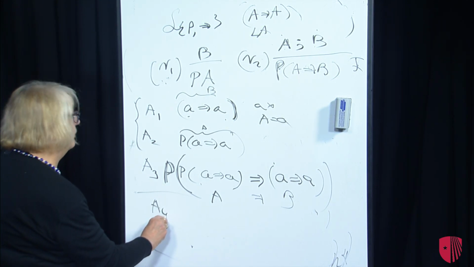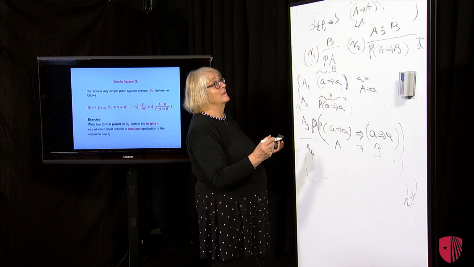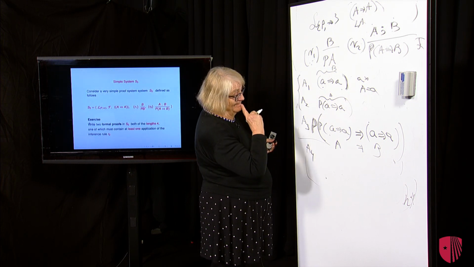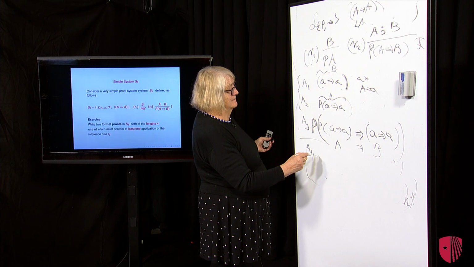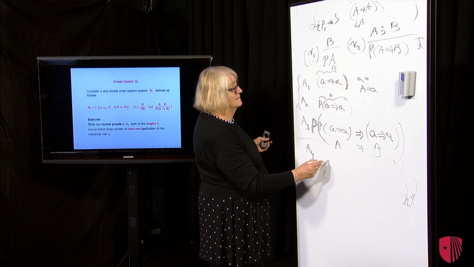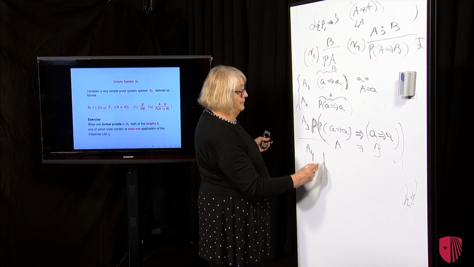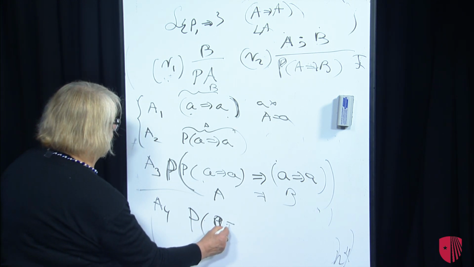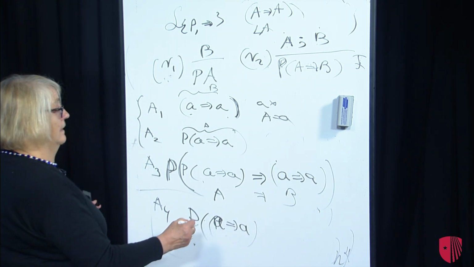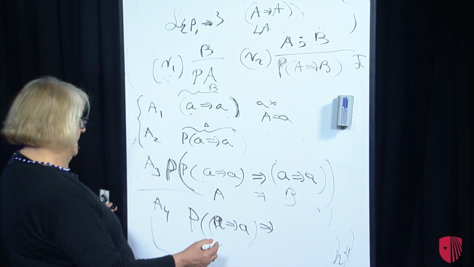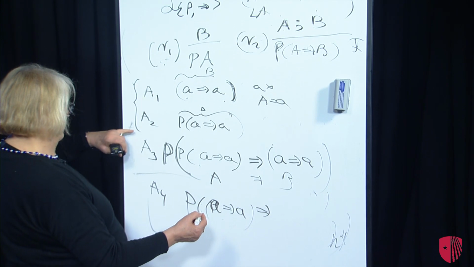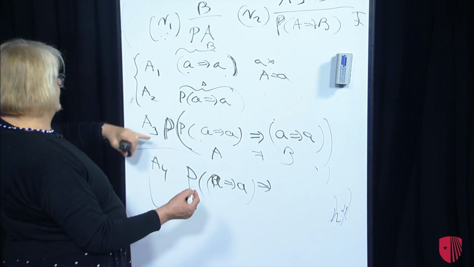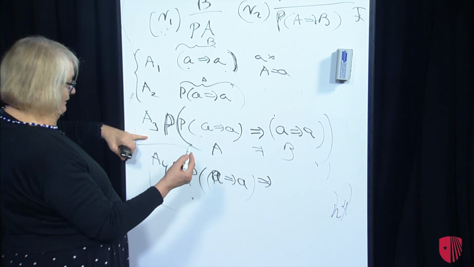I can write A4, and I write P, A implies A, for example, implies, that I took this as A, and I take this as B. That would be too much writing, right?